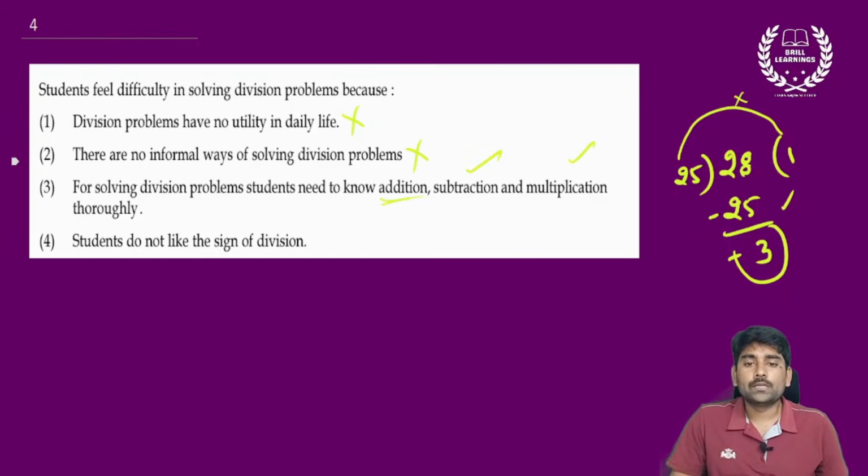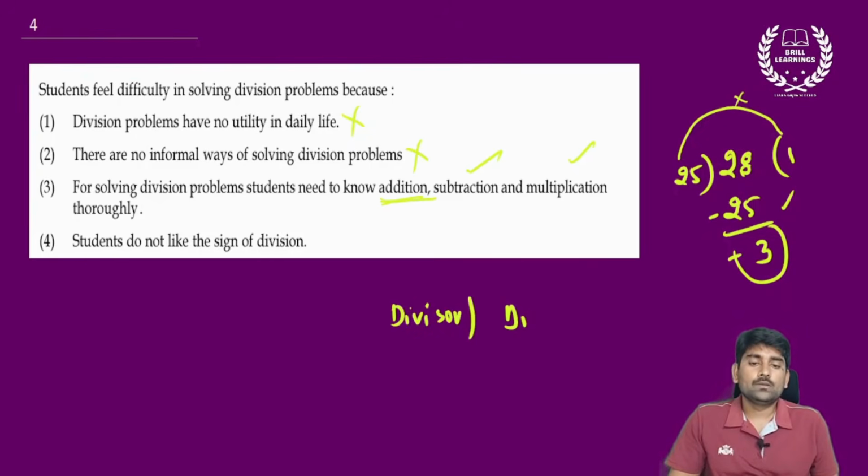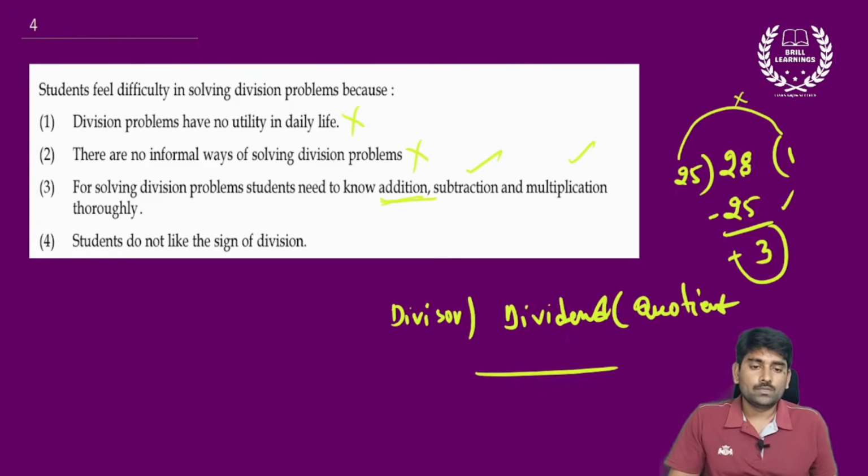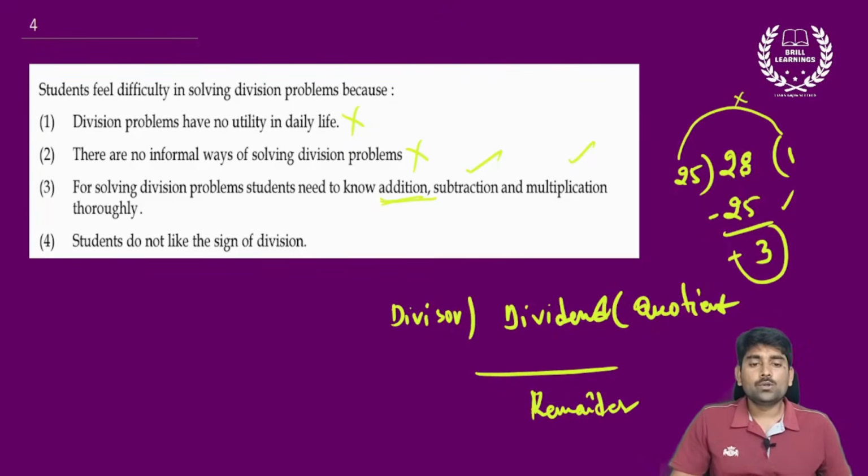Where will I get this addition? For example, divisor, dividend, quotient, and then remainder. If I want to find the value of the dividend, they have given, for example, the divisor value, quotient value, and remainder value.